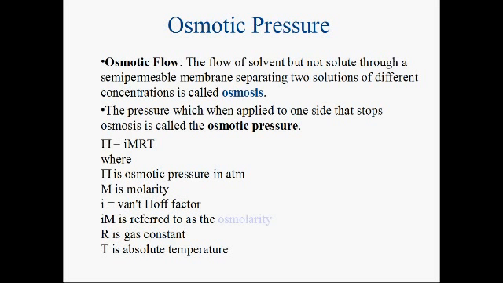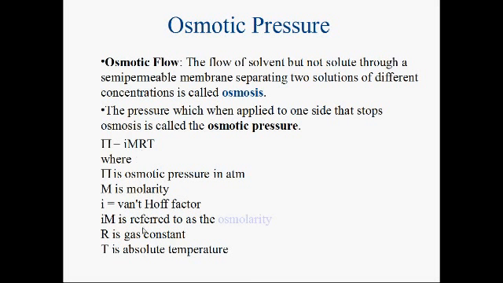So the pressure that stops osmotic flow is called the osmotic pressure. We're able to represent this mathematically. So we're going to use the capital Greek letter pi to represent osmotic pressure. And that will be proportional to the Van 't Hoff factor i times molarity times the gas constant times Kelvin temperature.